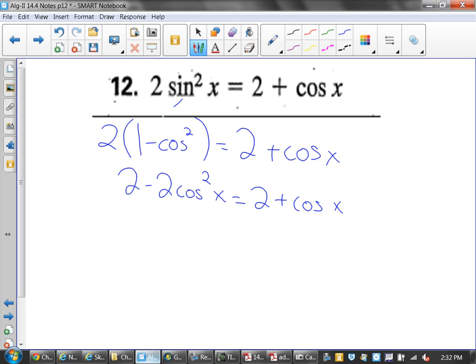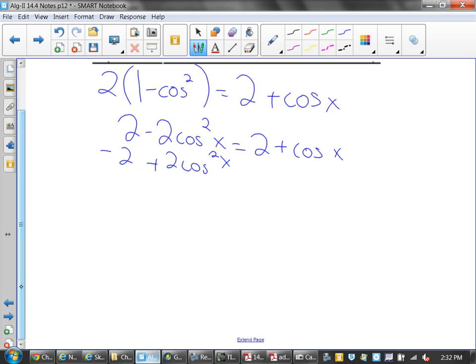So I'm going to move everything on the left-hand side to the right and set the left side equal to 0. So I'm going to subtract 2 and add 2 cosine squared x. When I do that to the right side, I get 0 equals 2 cosine squared of x plus cosine of x. Because when I subtract 2 out, it's gone. Everybody agree?